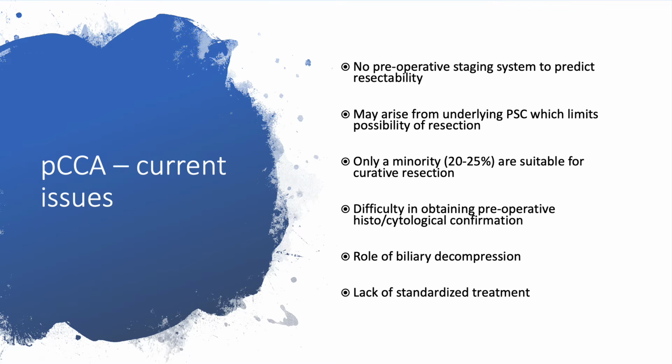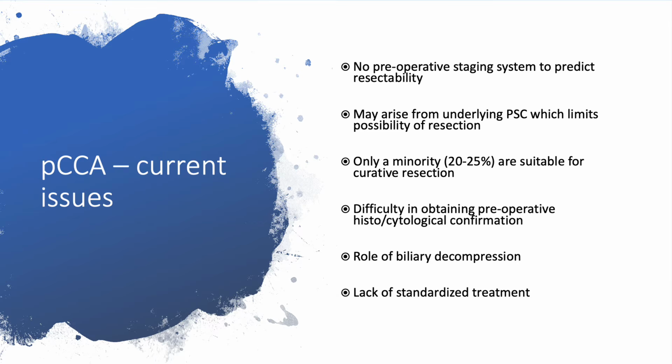So what are some of the issues around determining resectability in patients that present with presumed perihilar cholangiocarcinoma? I guess up front it needs to be stated that hilar cholangiocarcinoma is an aggressive malignancy with R0 resection being currently the only option for long-term survival. So determining resectability is paramount if one is going to try and achieve cure.